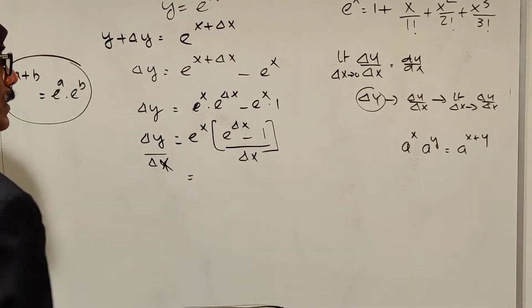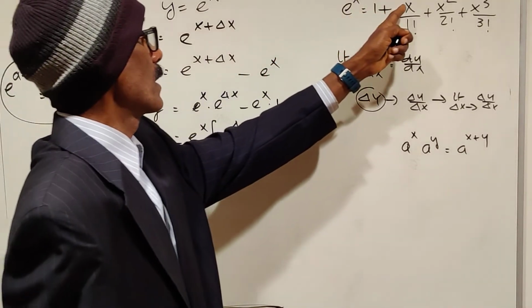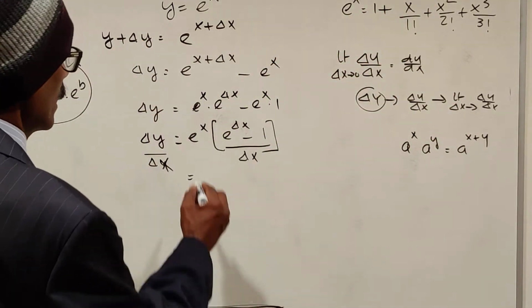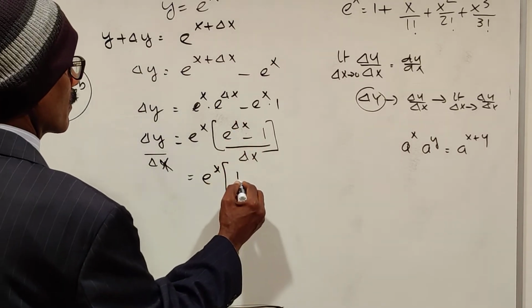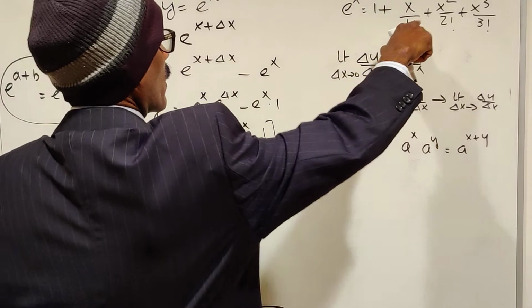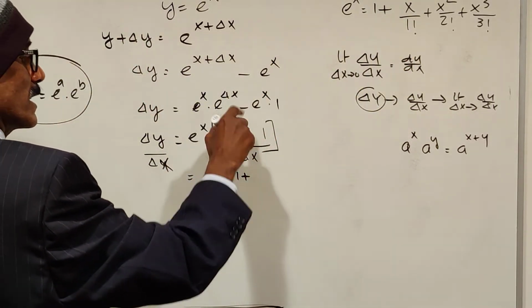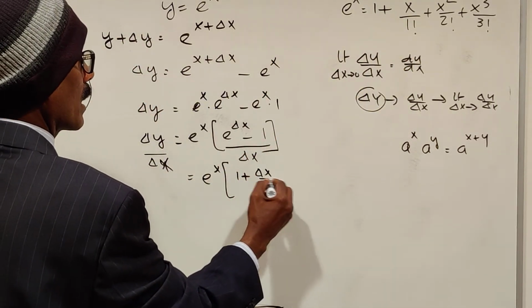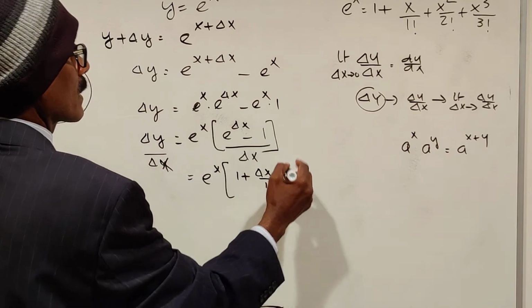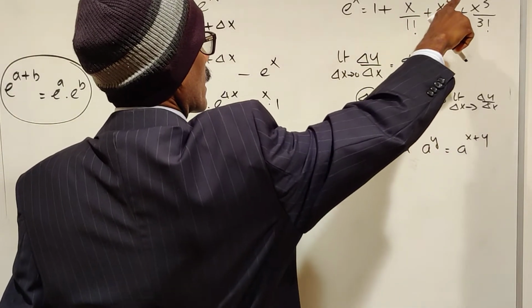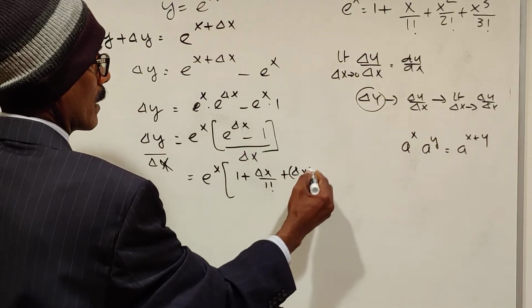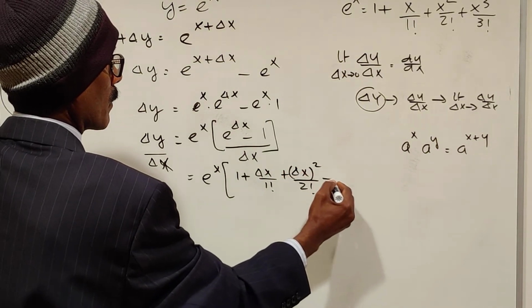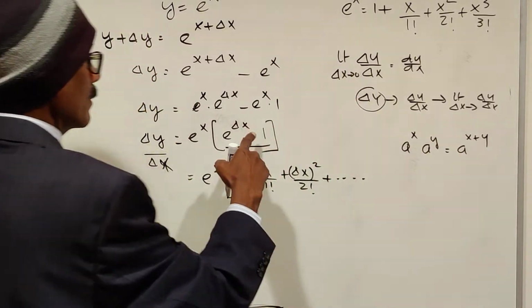Now, you need to apply the formula. E raised to x into, what is e raised to delta x? 1 plus x by 1 factorial. What is x here? Delta x. Delta x by 1 factorial plus delta x square by 2 factorial plus etc. Then minus 1.